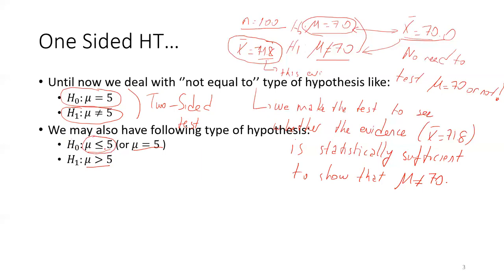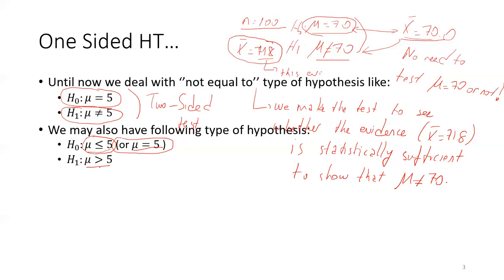There is no change in terms of performing the test. There is no difference in the whole process of the test. But in representation, you may write mu is smaller than or equal to 5, or mu is equal to 5. There is no change in this.